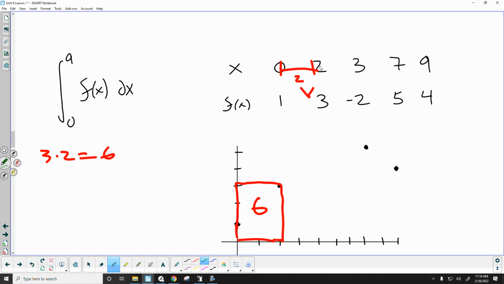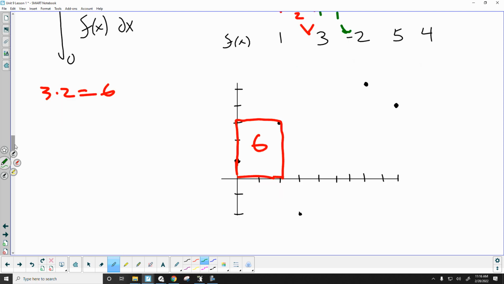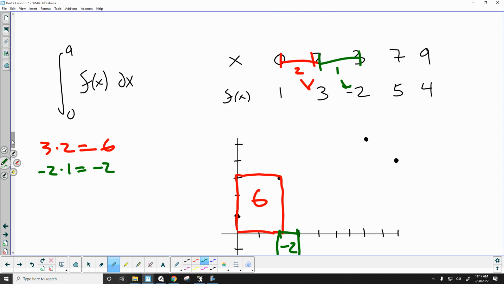Two to 3 with 1 using a height of -2. Height -2 with 1, that's -2. Just get the answer. Get 32. All right.